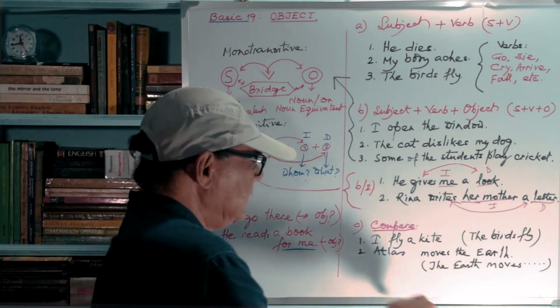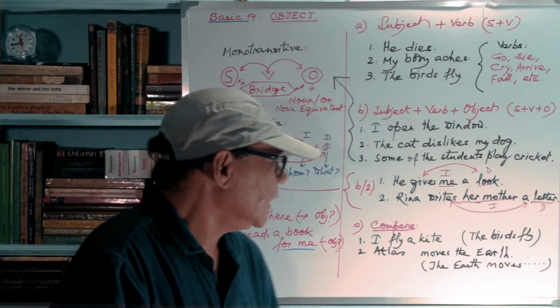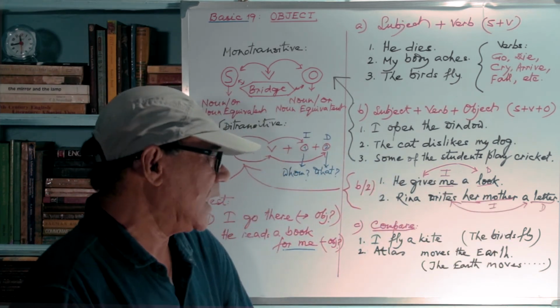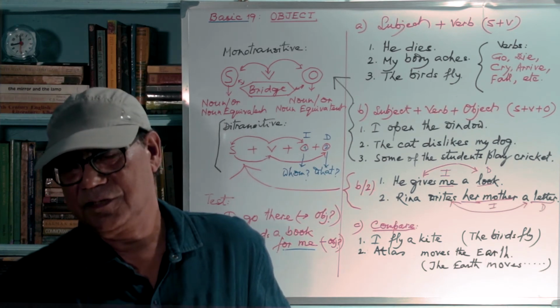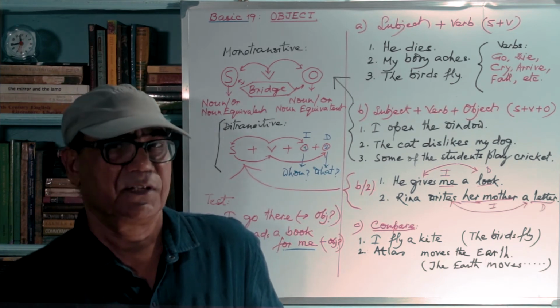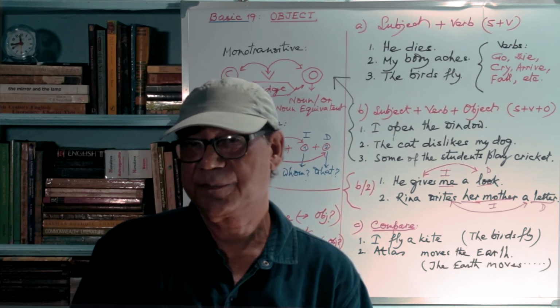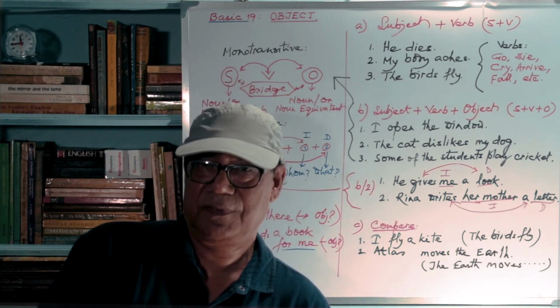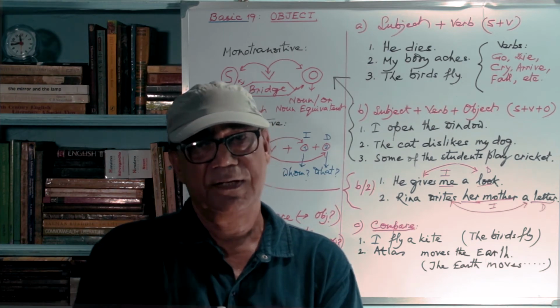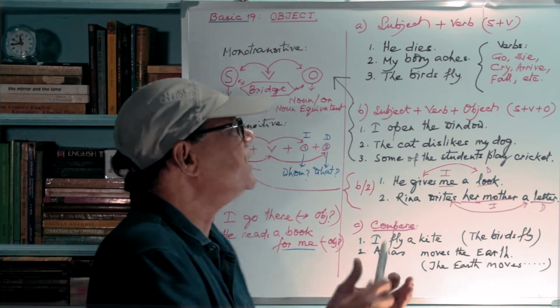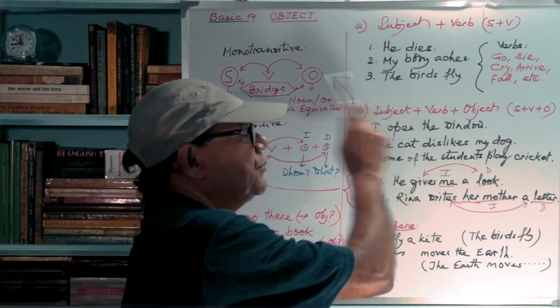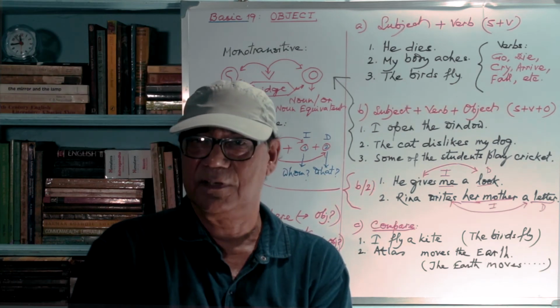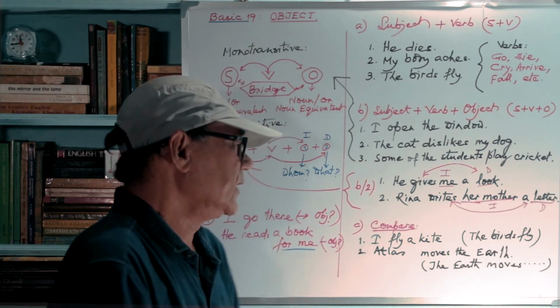Now here is a little comparison. I fly a kite. There is an object, kite. Here the sentence, the bird flies. Now this is intransitive verb. Because the flight of the bird, it is very much integrated with the subject. So fly, the verb, cannot move onwards.